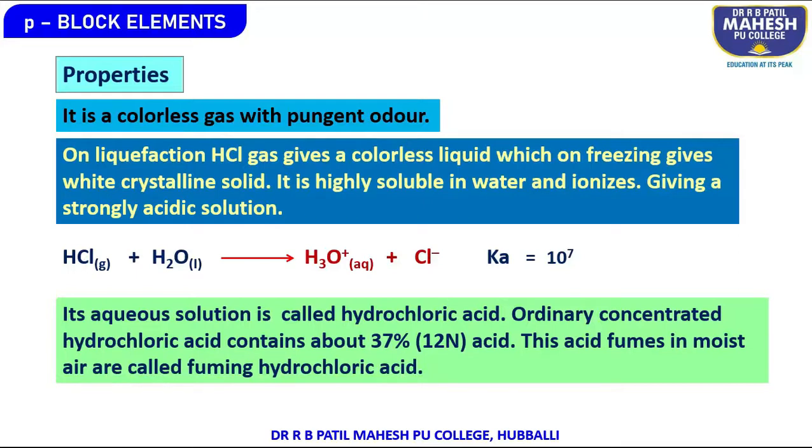Ordinary concentrated hydrochloric acid that is supplied to the labs is 37%, that is 12 molar or 12 normal acid. When you open the lid of that acid, it fumes in moist air and it is called fuming hydrochloric acid.